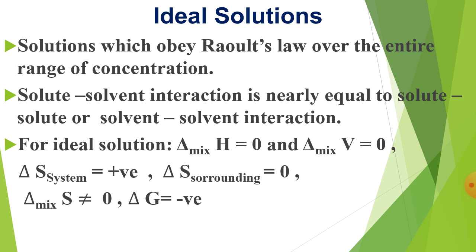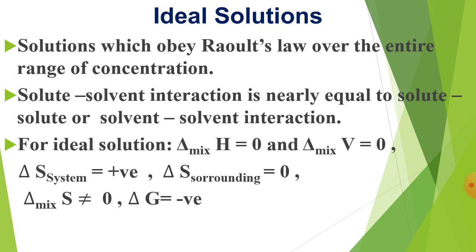Now the orderliness decreases due to replacement of solvent molecules by the solute molecules. That indicates disorder, that is entropy. So solution is more disordered than solvent or solute, and the more the disorder, the more will be the entropy. That's why the entropy, either for ideal solution or for non-ideal solution, should be more than 0.